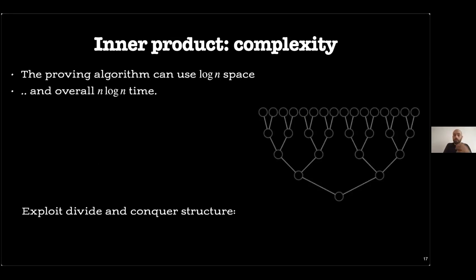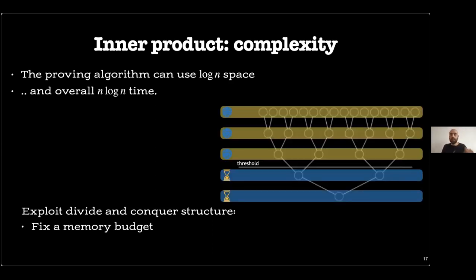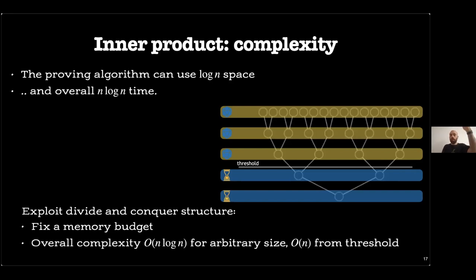And there is a particularity here, and I guess in this general structure of the sumcheck protocol, which is that I can fix a memory budget. I can fix a threshold and say, okay, I'm going to run the prover in a space efficient manner until I reach a certain threshold where the instance can fit in memory. And then I'm going to switch to the time efficient prover, because the configuration is the same. The output messages of the prover are the same.